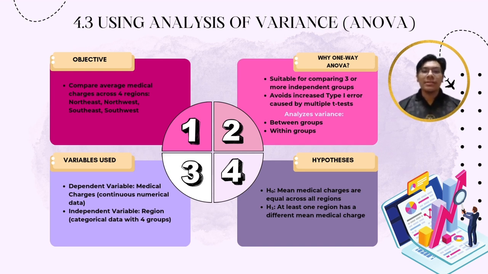In this analysis, the dependent variable is medical charges because it is continuous numerical data, while the independent variable is region because it consists of 4 categorical groups. The null hypothesis states that there is no significant difference in mean medical charges across all regions, while the alternative hypothesis states that at least one region has a significantly different mean medical charge.